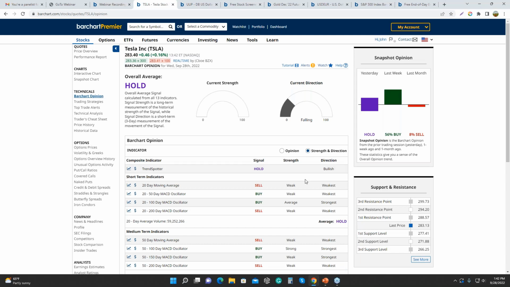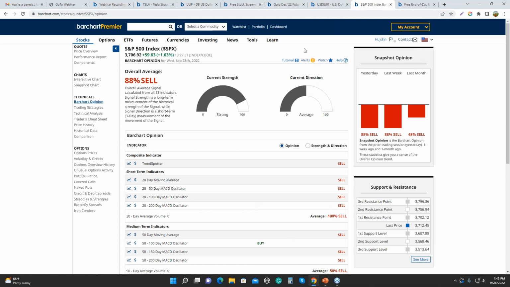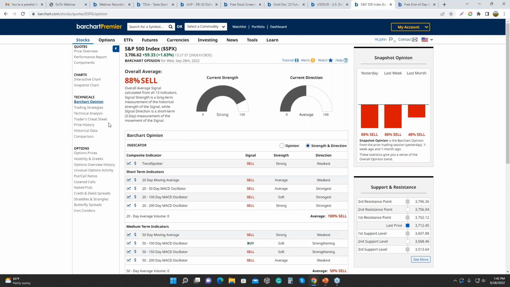Well, during the day, strength and direction, all of these indicators, we're constantly monitoring, and about every 20 minutes or so, you may actually see a change in the indicator opinion or the strength and direction. And at the end of the day, John talked about these end of day reports.